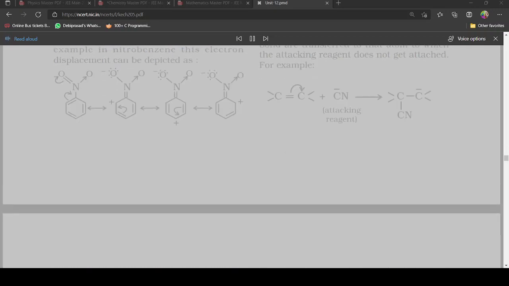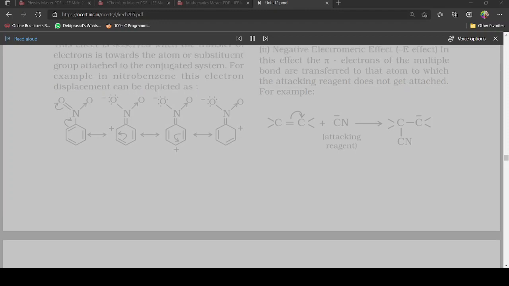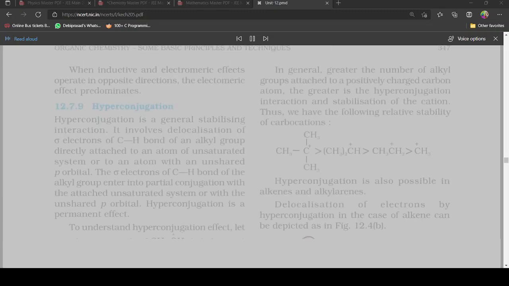For example, in nitrobenzene, this electron displacement can be depicted as shown. 2. Negative electromeric effect, -E effect. In this effect, the pi electrons of the multiple bond are transferred to that atom to which the attacking reagent does not get attached. For example, Organic Chemistry, Some Basic Principles and Techniques 347.